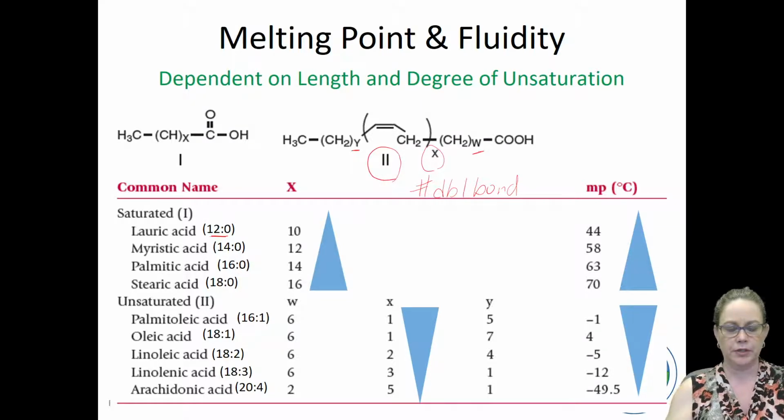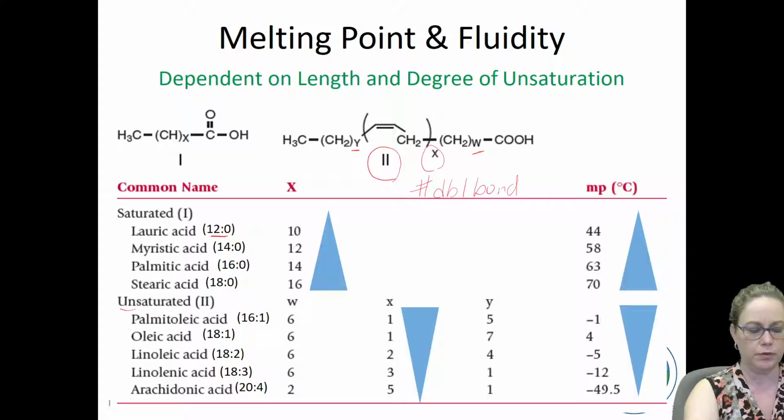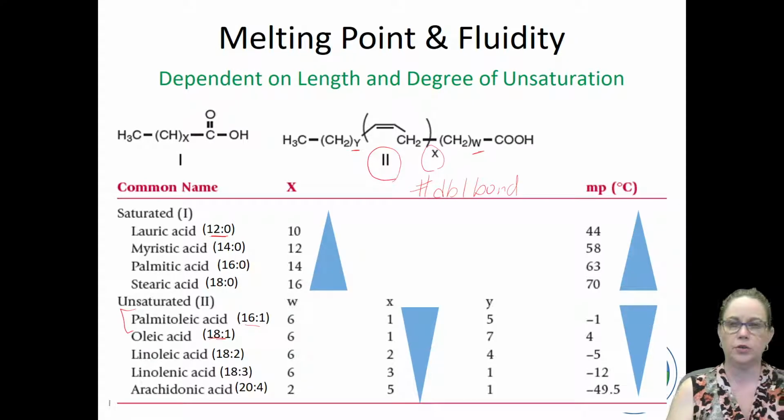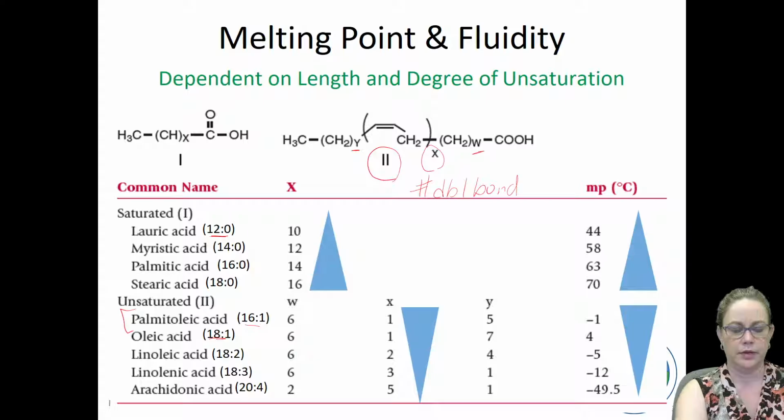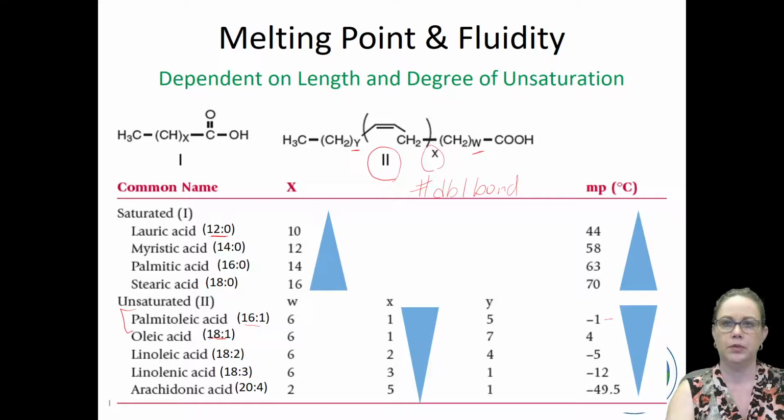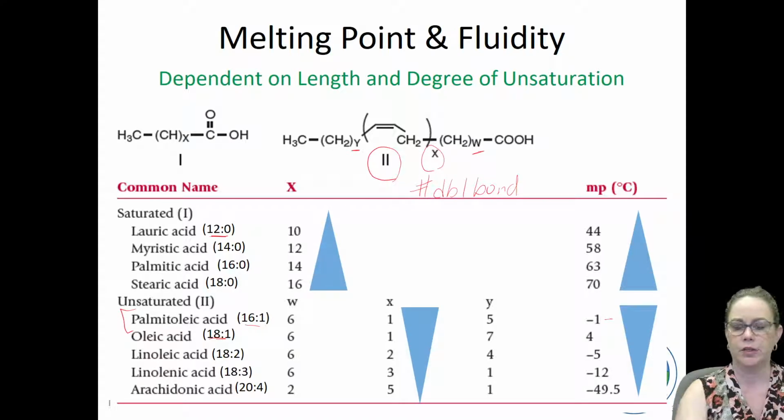Again, I've already told you how many total carbons are on the chain, so you don't have to add those up. But we see that palmitoleic acid, which has just 16 carbons with one double bond, has a lower overall melting point than oleic acid, which has the same number of cis double bonds but a longer structure, having 18 carbons.